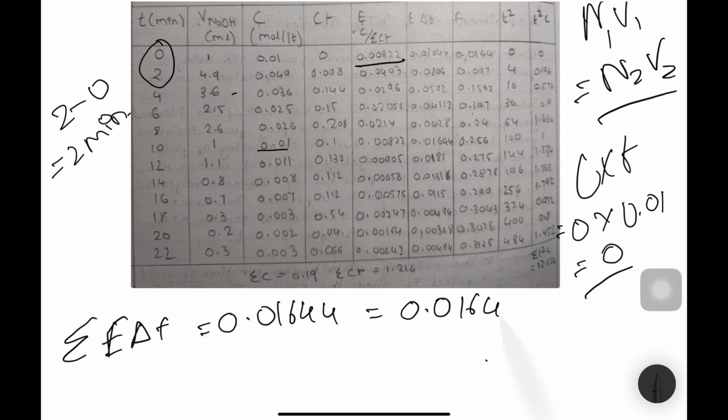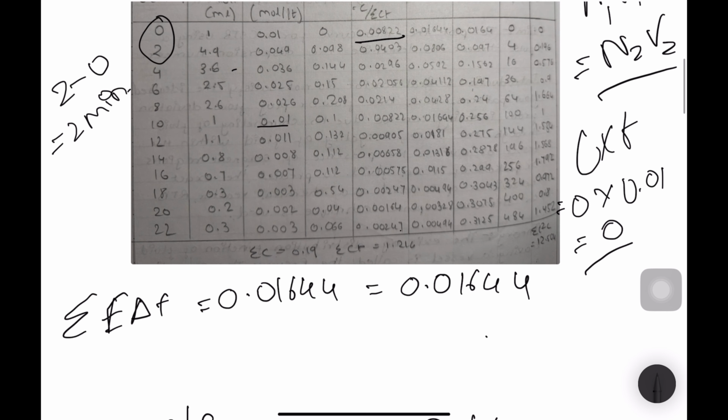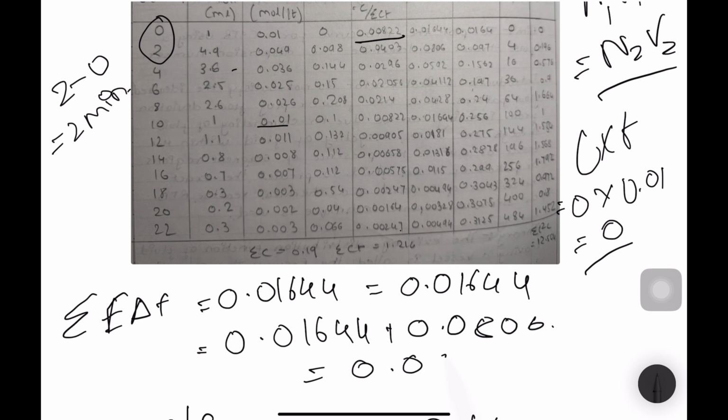Summation of E delta t for the first observation is 0.01644. For the second observation, it would be 0.01644 plus 0.0806, which is equal to 0.097.